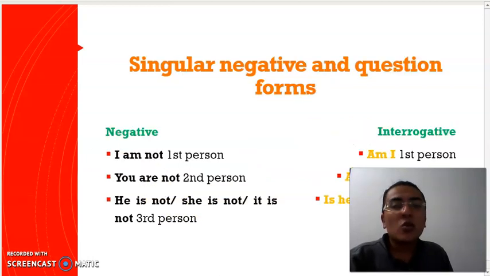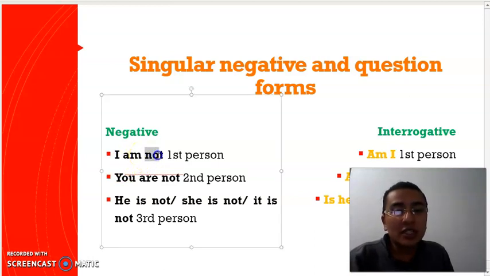Now, what about this actually in the negative form and in the interrogative form, which is actually the question form as well. So let's take a look at the negative form. Negative form, it's actually the same for the first person, second person, and the third person. However, after the verb to be, I'm going to add the word not.